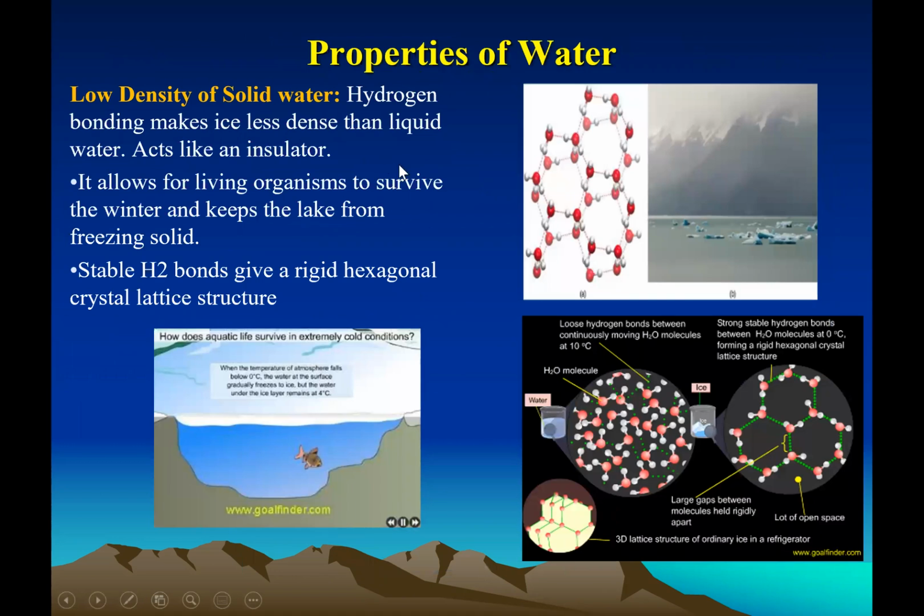Water is a compound that can exist in 3 different forms: solid, liquid, and vapor. When it freezes over, the hydrogen bonds will form a lattice structure like this, a hexagonal crystal lattice structure. Because all the atoms are further away, ice is less dense than water.